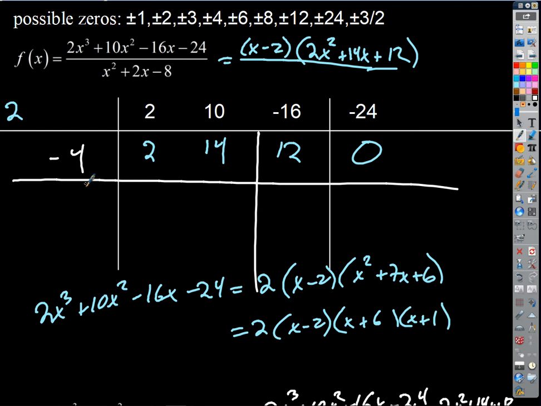So what do I get if I divide by -4? 2 times -4 is -8, plus 14 is 6. 6 times -4 is -24, plus 12 is -12. So that's my remainder. I got 2x plus 6 with a remainder of -12.